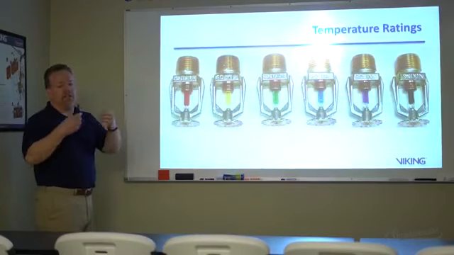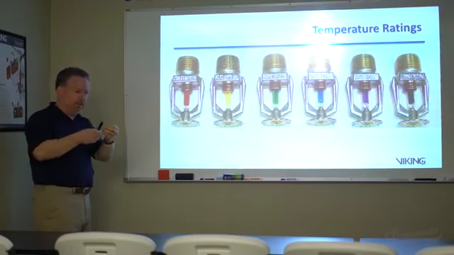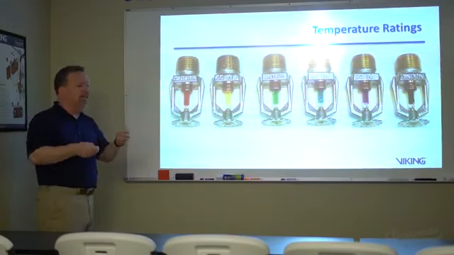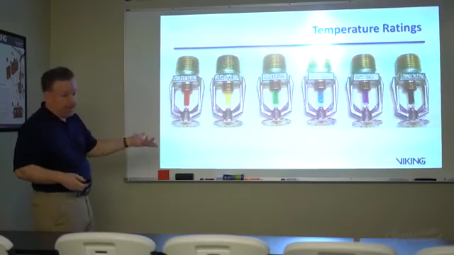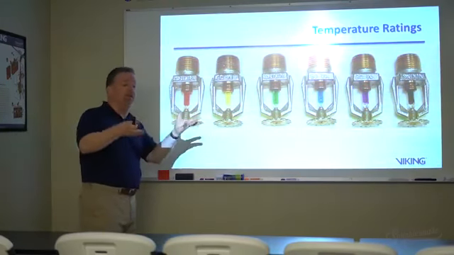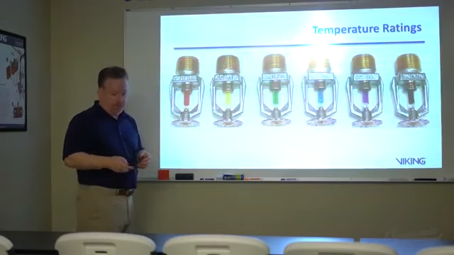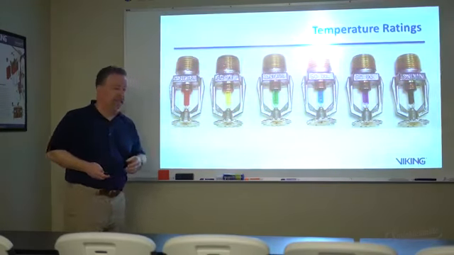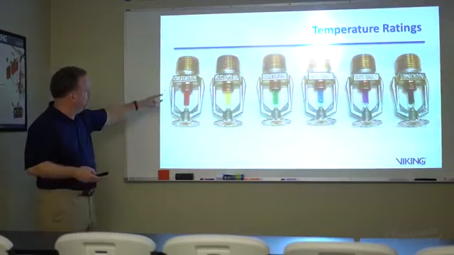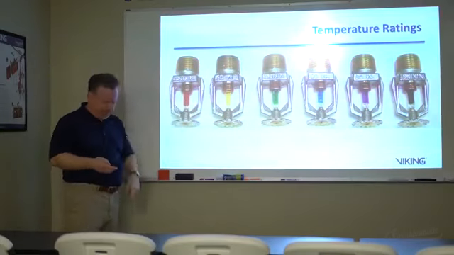With the solder links, the solder will begin to degrade at a certain temperature, depending on what the rating is, and then it will release the metal pieces of the link and operate the sprinkler through this opening right here.